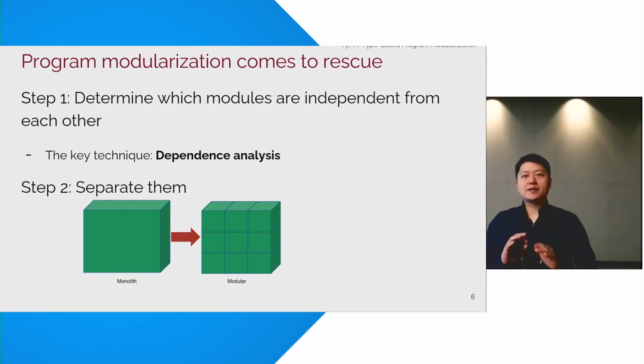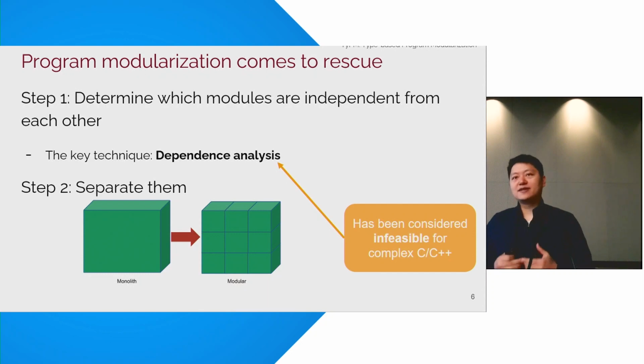Its idea is to determine which modules are independent from each other so that we can separate these modules. And the key technique to realizing this kind of protection is called dependence analysis, which has been considered infeasible for complex C and C++ programs.